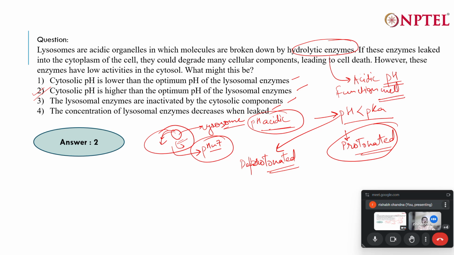Now, if these enzymes are leaked, they could degrade, but they are not able to degrade these cellular compartments because of their low activity in the cytosol. So what is the reason for this low activity in the cytosol? That is the question.